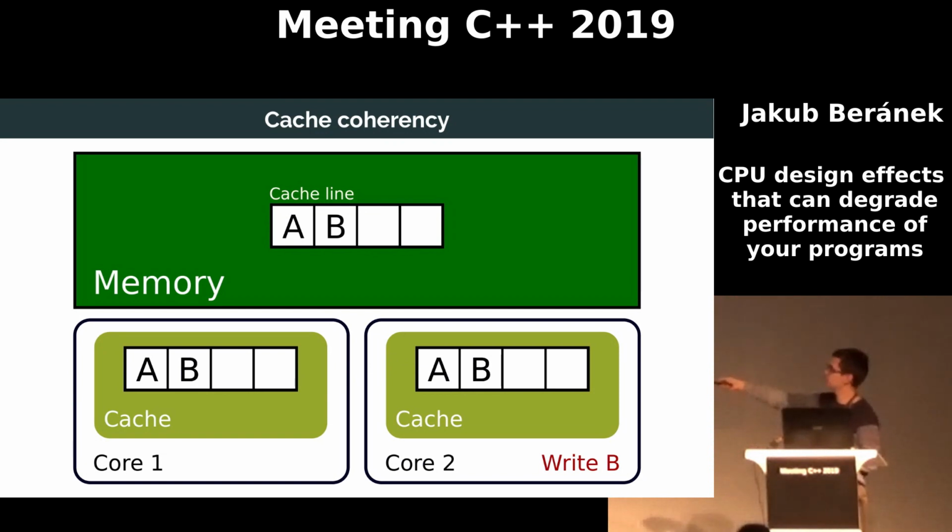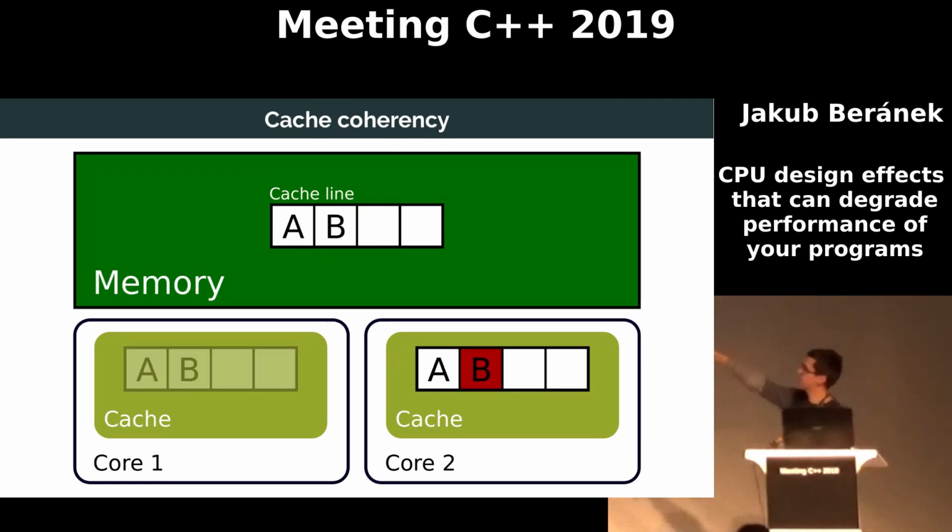So when core 2 wants to write B, it changes B in its own cache line, but it also has to invalidate the copy of this cache line in all other cores, because it is no longer true that A and B have the original values. This core changed B, so all the other copies in other cores have to be invalidated. And this implies communication.